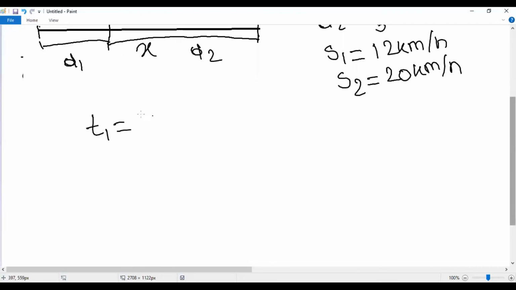So let's say t1 is equal to d1 by s1. So here d1 is taken as x by 3 divided by s1, which is 12.